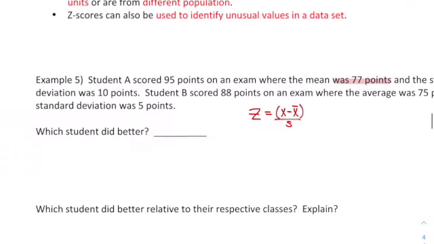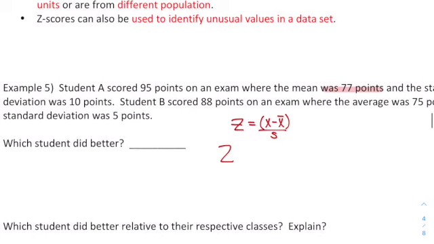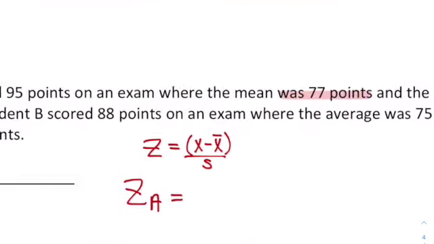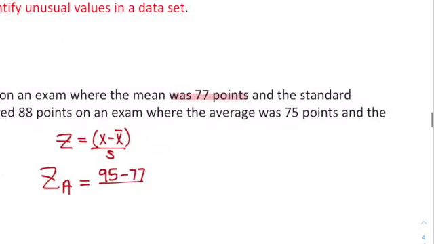So if you do the problem, the z-score of student A is going to be the piece of data, which is 95, minus the mean, the mean is 77, over the standard deviation, which is 10. Okay, work it out.